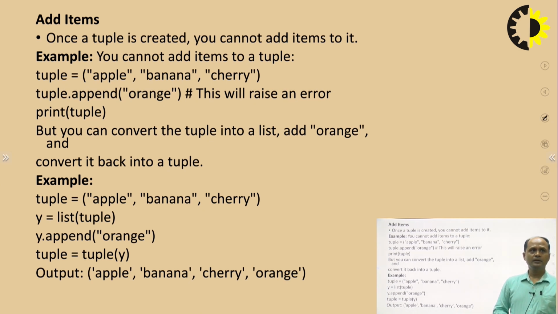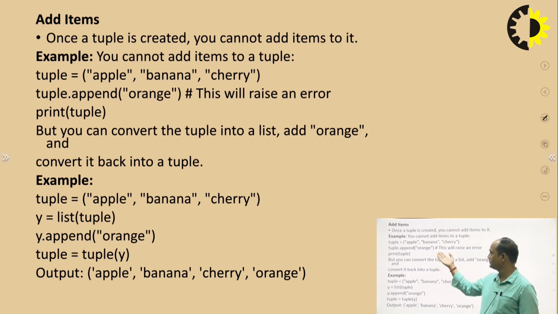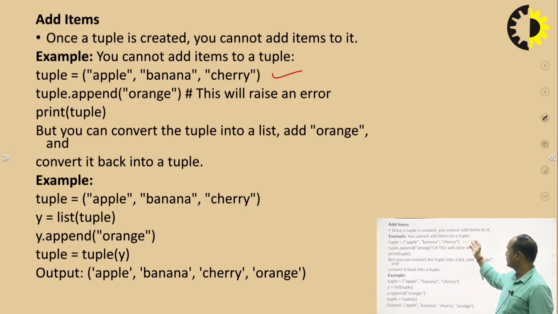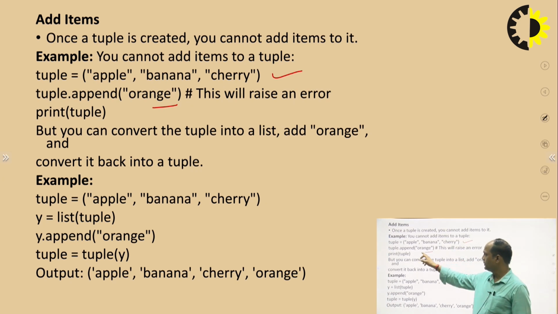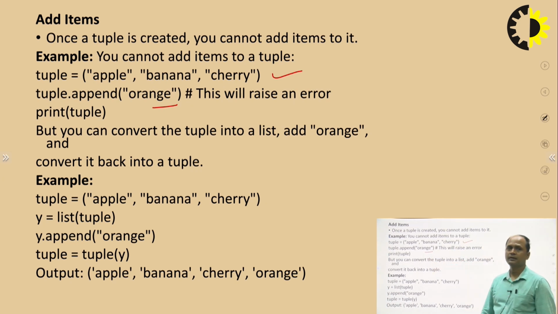Let's take an example. Suppose we have a tuple and we want to add one data item, orange, but this will give an error. If we directly use tuple dot append, it will give an error. It will not work. So what is the procedure?